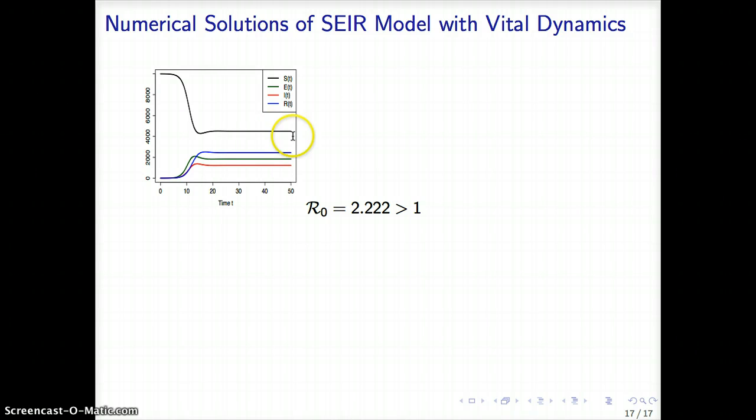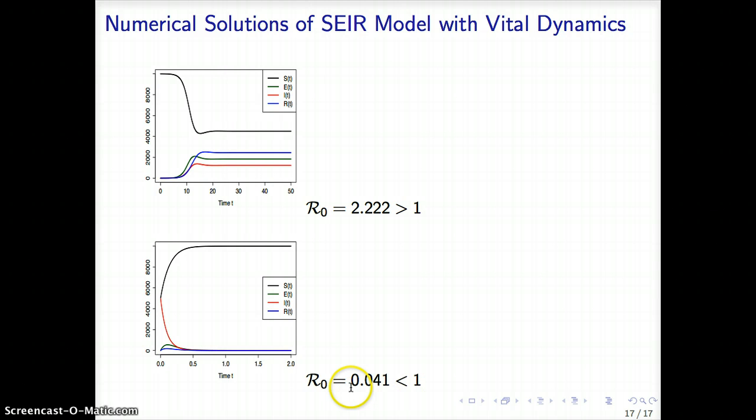This is the scenario in which the basic reproductive number exceeds 1, meaning that those who are infectious are capable of replacing themselves, producing on average more than one secondary infection. But what happens when that quantity is less than 1? Here's another example.